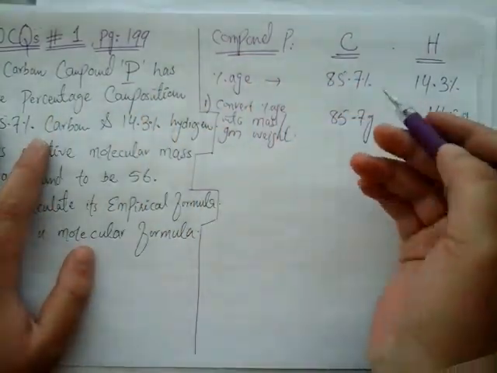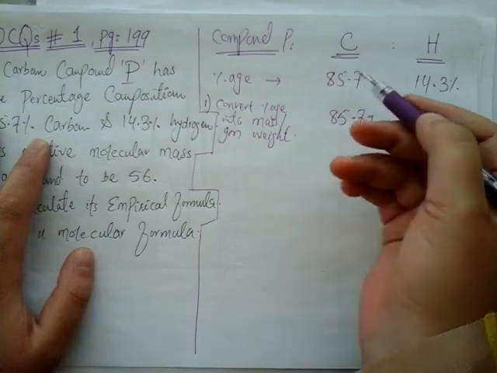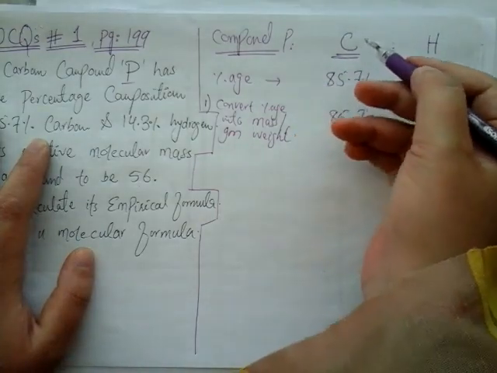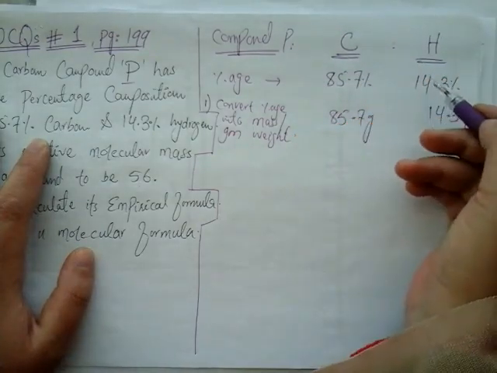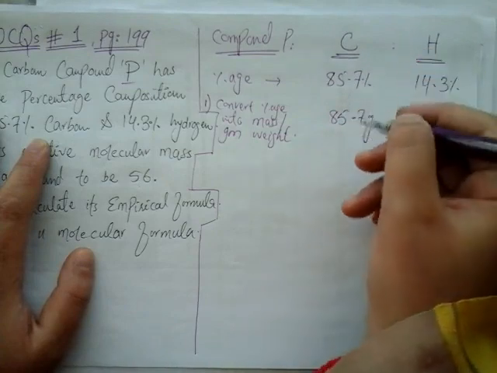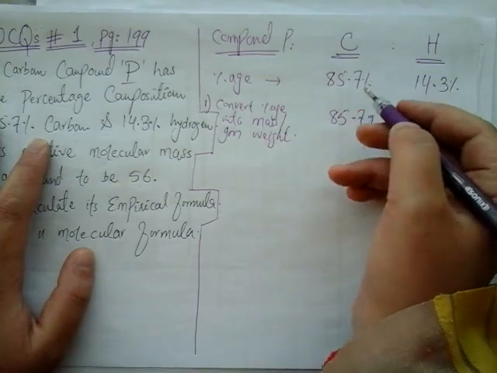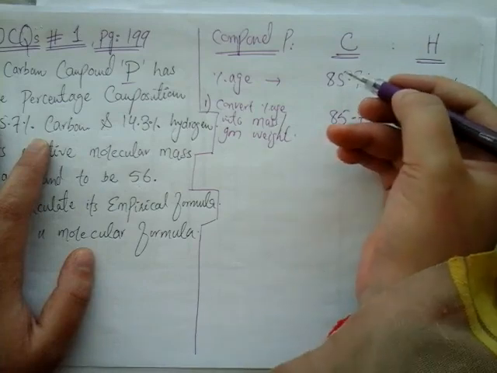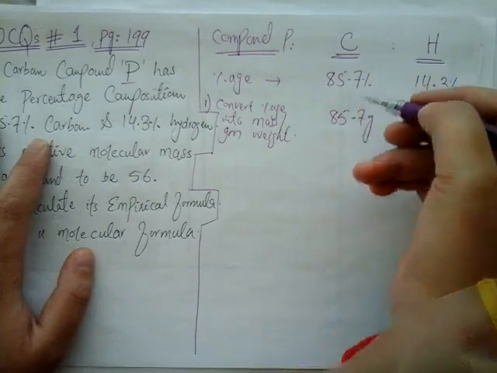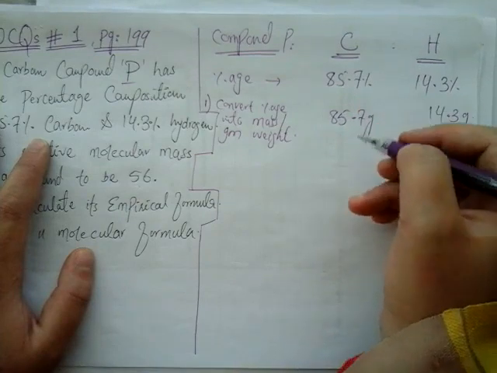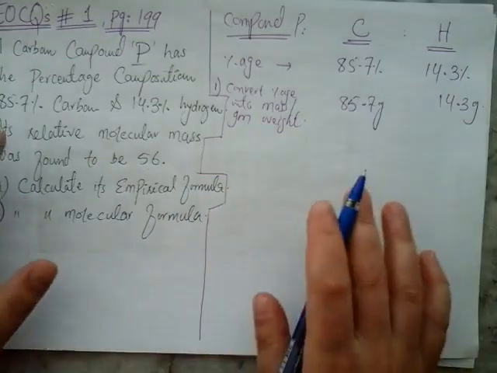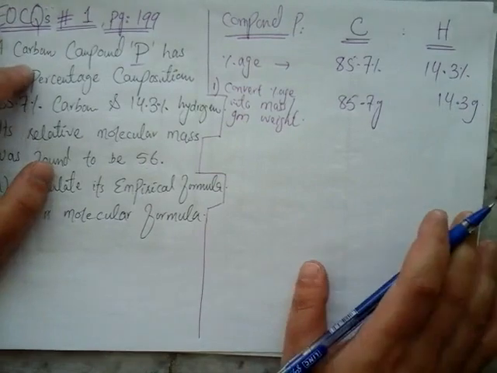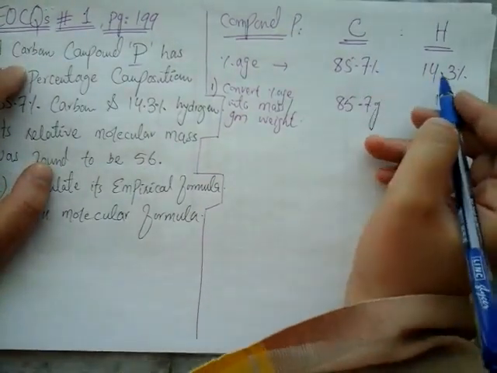Logically, within 100%, 85.7% is carbon and 14.3% is hydrogen. If you consider this 100% as 100 gram, we have to consider the percentage of each element in the compound as their gram. Is that clear?